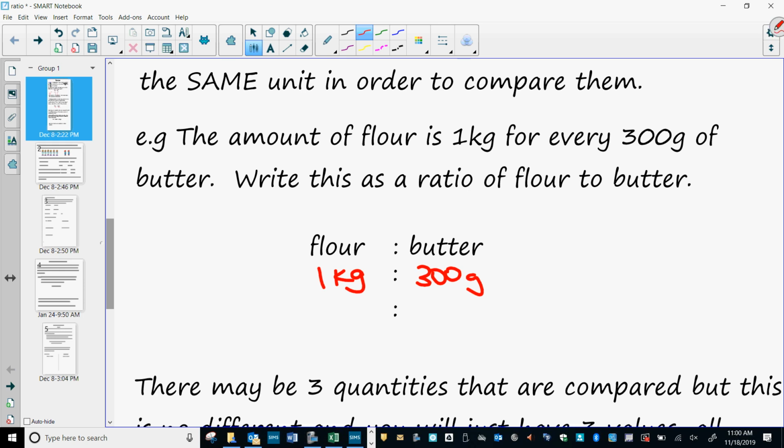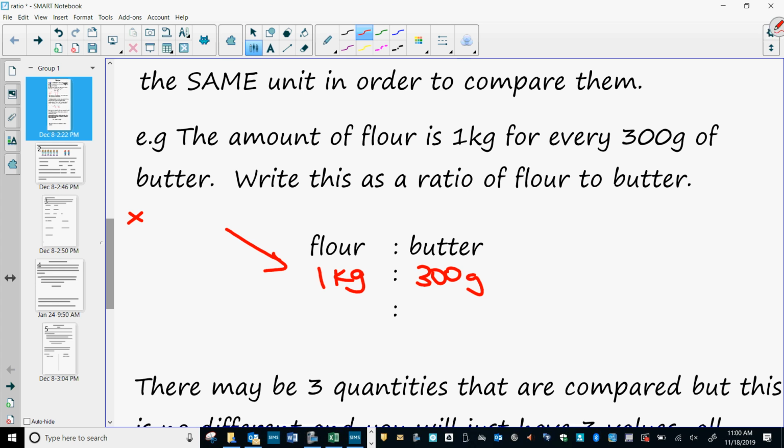Nice. Awesome. So we're going to change them both to be grams, which means I need to know how many grams there are in a kilogram. Kilo means 1,000.